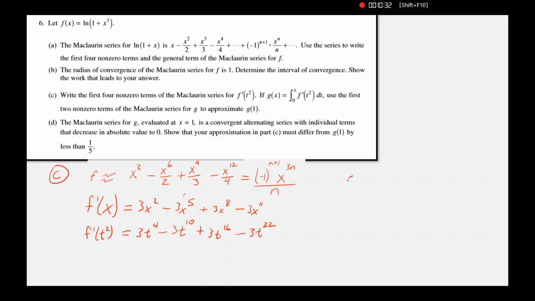So first, we integrate it. First we're going to integrate f prime of t squared dt. So if I integrate, what's going to happen?